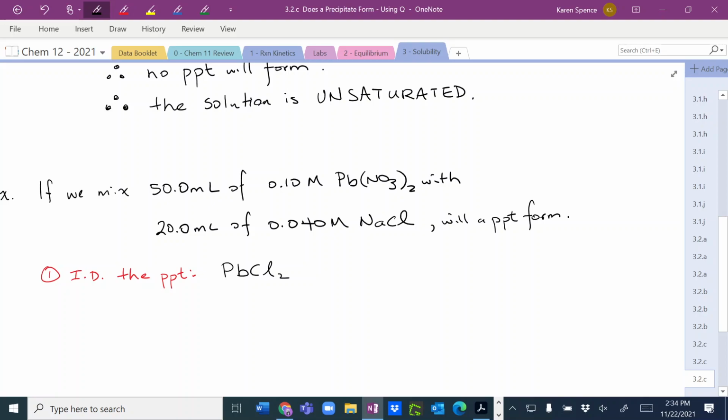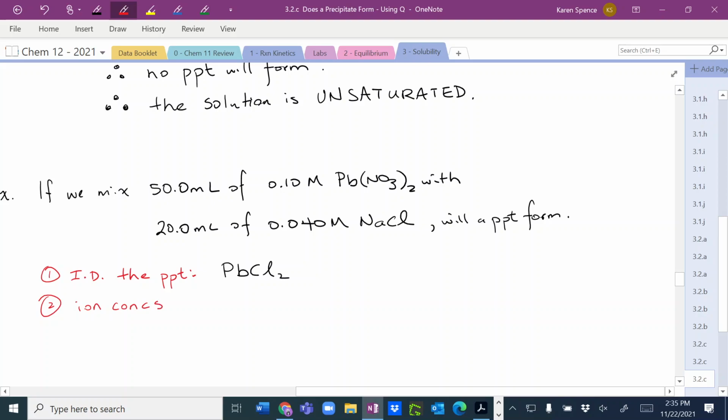Yes? Only in the sense of, here, write the complete ionic equation, write the net ionic equation, like the ones you had on the last quiz, that kind of thing. Second thing we want to do is find the ion concentrations.